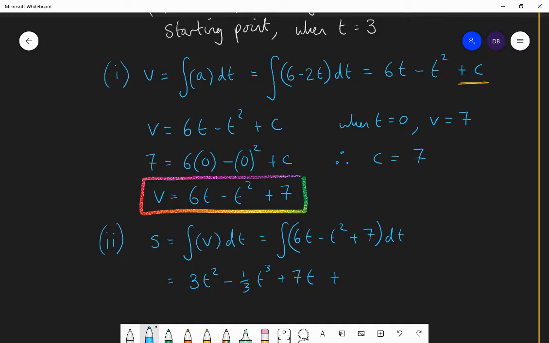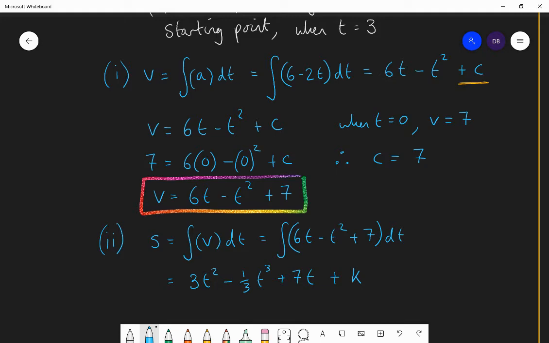I'm going to use a different letter at this point. I'm going to use k, because I don't like having the same letter used and having a different value for that letter in the same question. Okay, so I'm going to use a constant k for the constant of integration. Now, the key here is trying to find out what the value of k is.